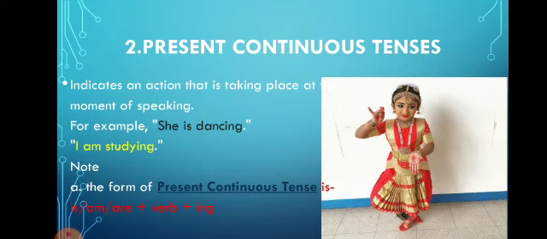Present continuous tense. It indicates an action that is taking place at the moment of speaking. For example, she is dancing. What is she doing? She is dancing now. This is the adverb we most of the time use in the continuous form.